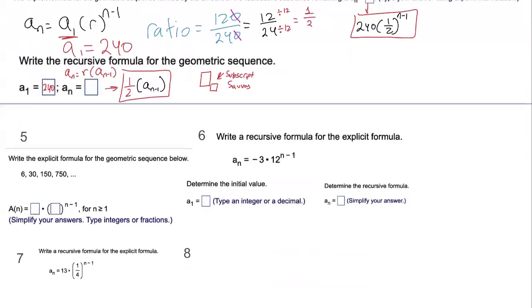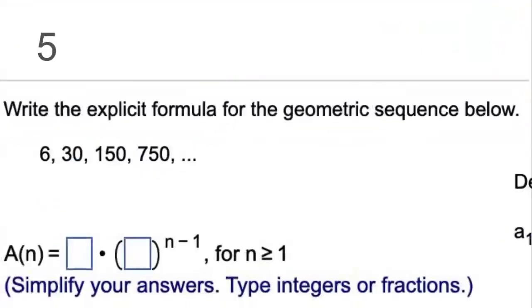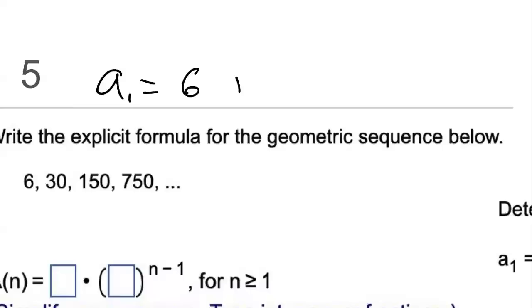All right, number 5. It says write the explicit formula for the geometric sequence. For the explicit formula, a sub 1, which is our first term, in this case is 6. Then we have to find the ratio. So we take our second term, 30, divided by our first term, 6, which gives us 5.